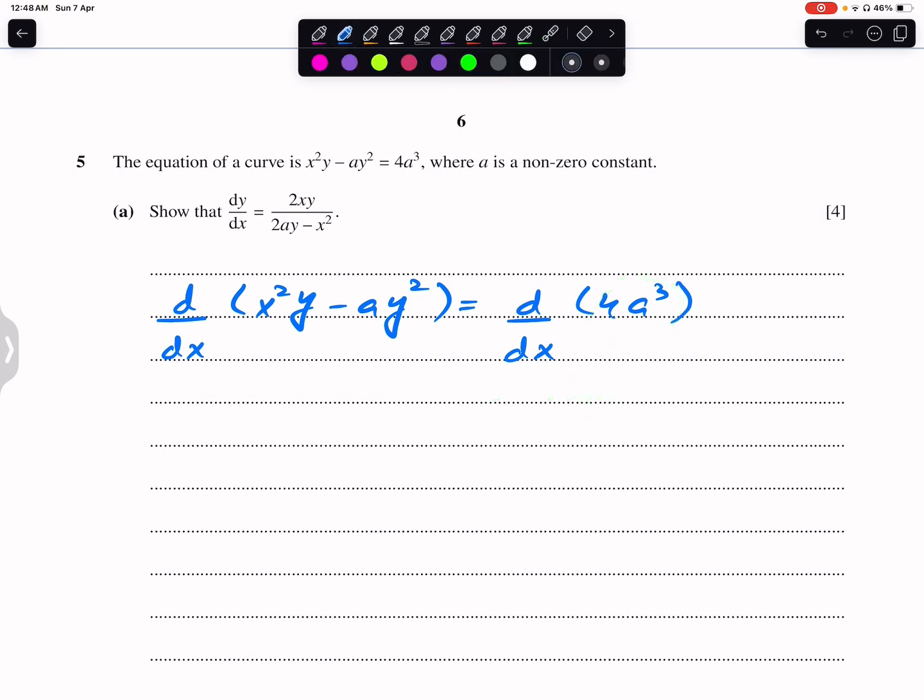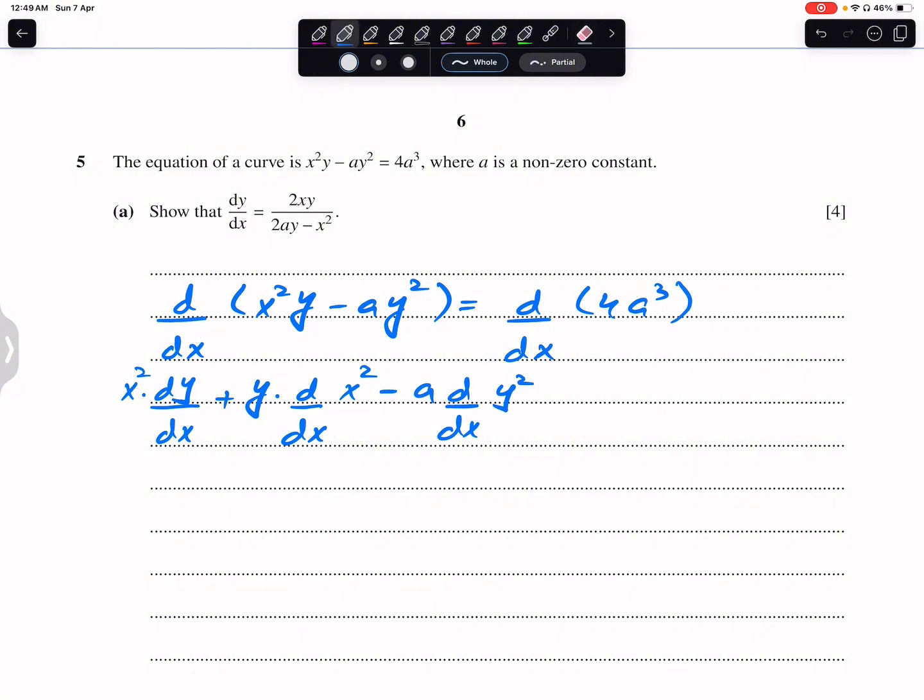So let's write 0 on the right side and then apply the product rule on the first term of the left side. So first function as it is and then the derivative of the second function plus the second function as it is, the derivative of the first function, minus a, the derivative of y square equals 0.